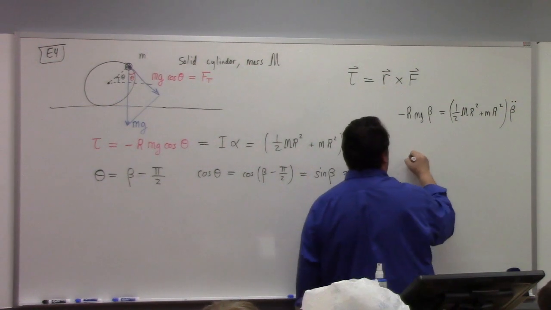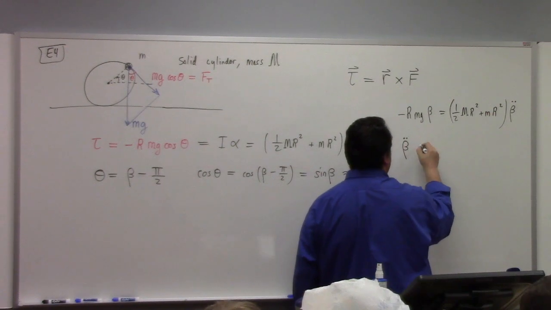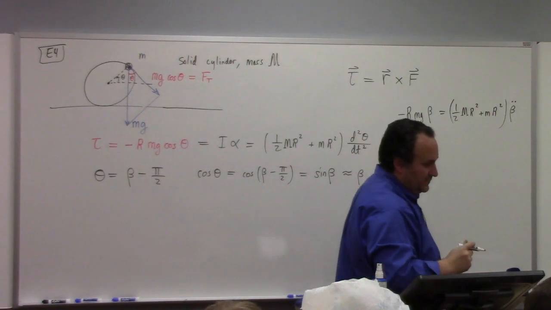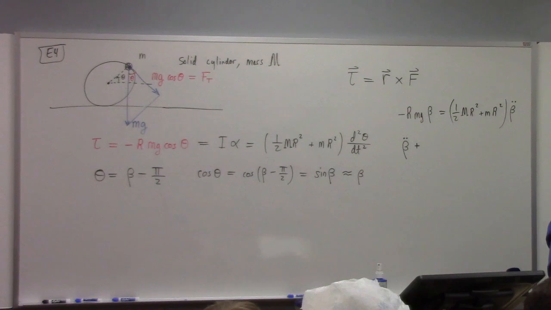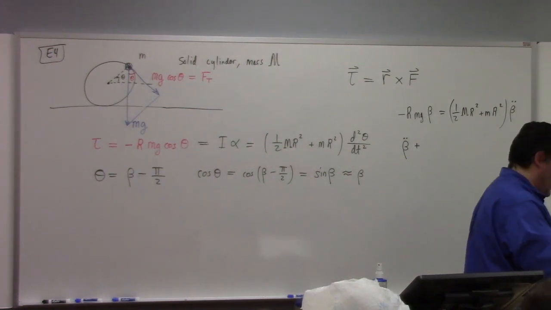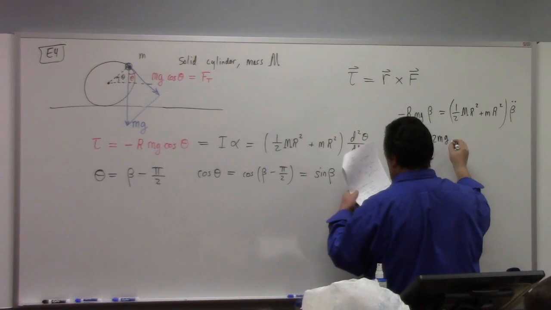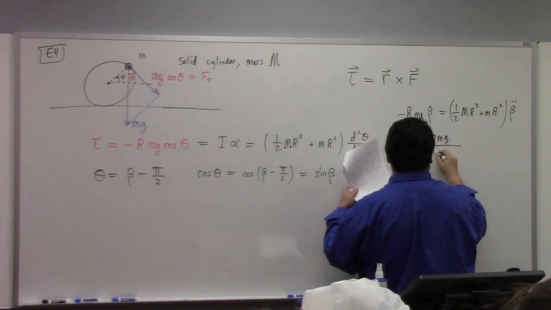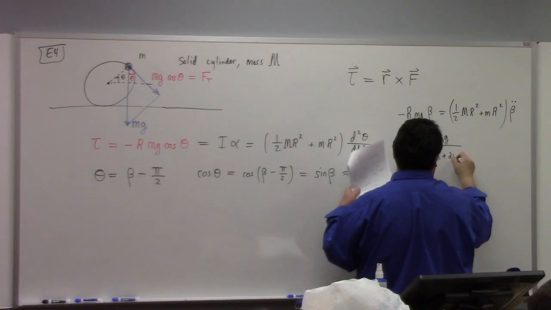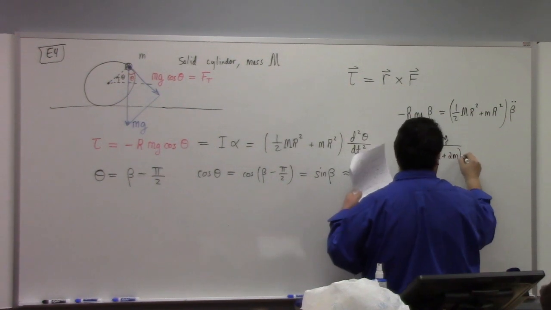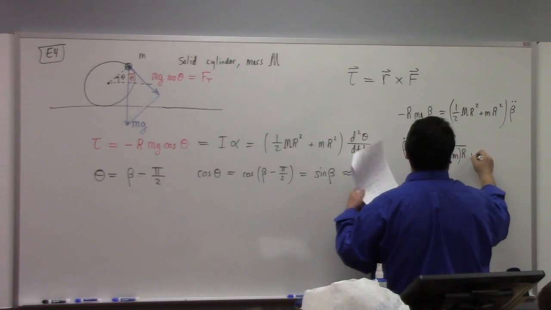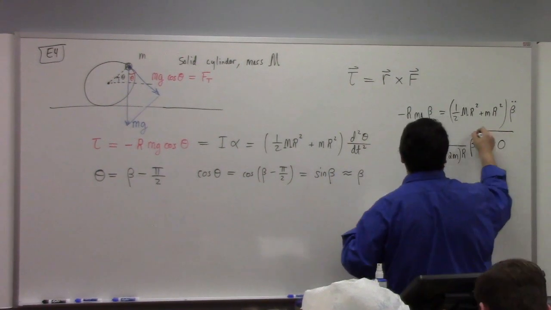And you can solve this and rewrite it as beta double dot plus, I'm just doing algebra here, 2mg divided by big M plus 2 little m, times r, beta equals 0.